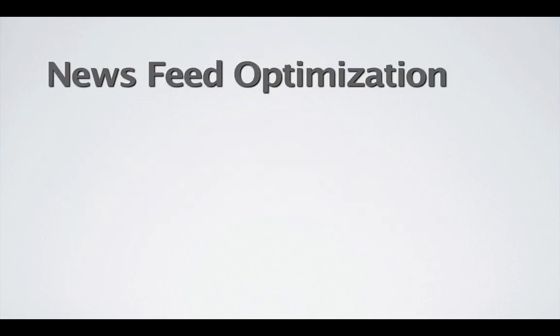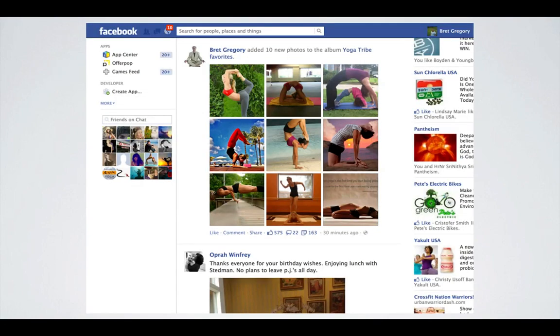And what we're doing here when we do that is called newsfeed optimization. With newsfeed optimization, what's important to understand is when you do a post, not all of your fans will see that post. And so what we want to try to do is to optimize the post and to help with getting more likes, more shares, and more comments.